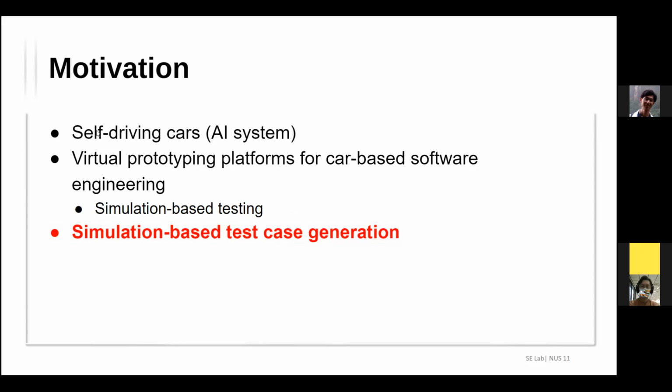Oh, okay. So maybe I raised a question here. Maybe my question is too early. Once we have search-based testing, usually it means we model the problem as an optimization problem, right? Yes. So my question, maybe I raised it too early, is: what is the optimization goal in these self-driving car scenarios?